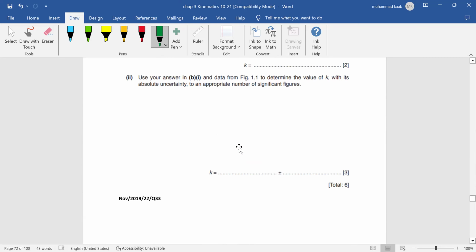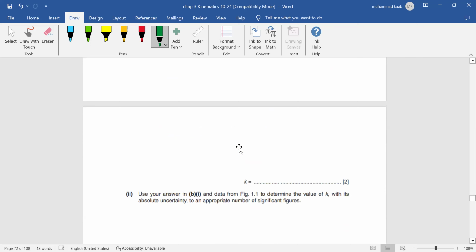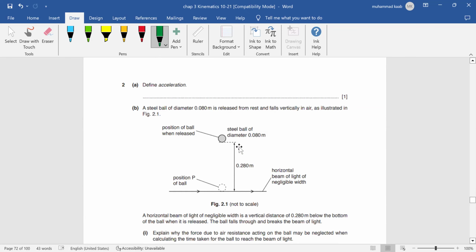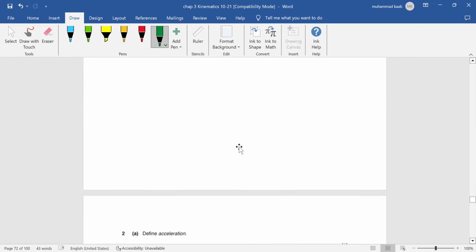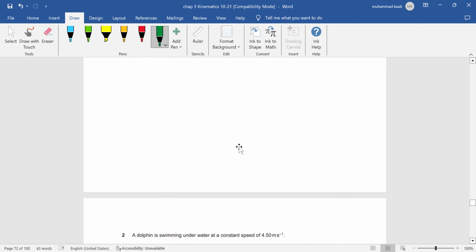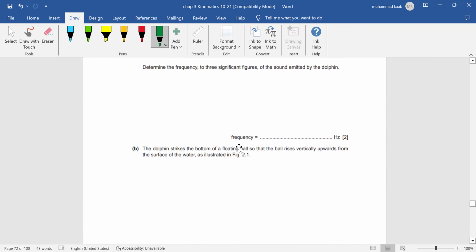Then try question 33, it is a difficult one. After that, I'm also sending another worksheet containing 15 or 17 MCQs regarding projectile motion. Try those out as well before next week.